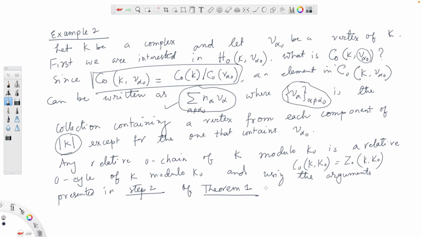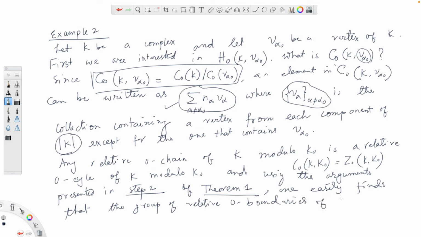So using the arguments presented in the second step of the proof of this theorem, one easily finds that the group of relative zero boundaries of K mod K0 is trivial.